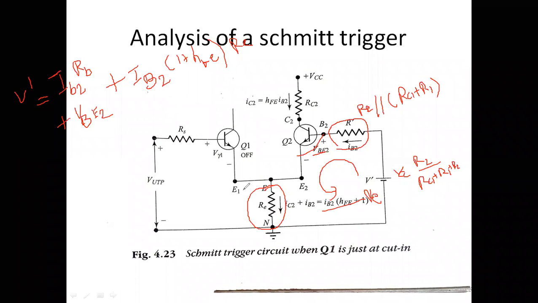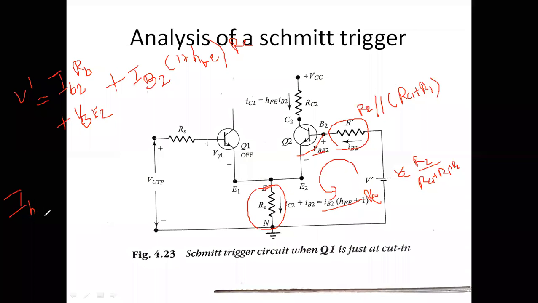Therefore, this is the drop, applying the KVL. If you apply the KVL, you get this equation. From this equation I am going to get IB, that is, the base current IB2.